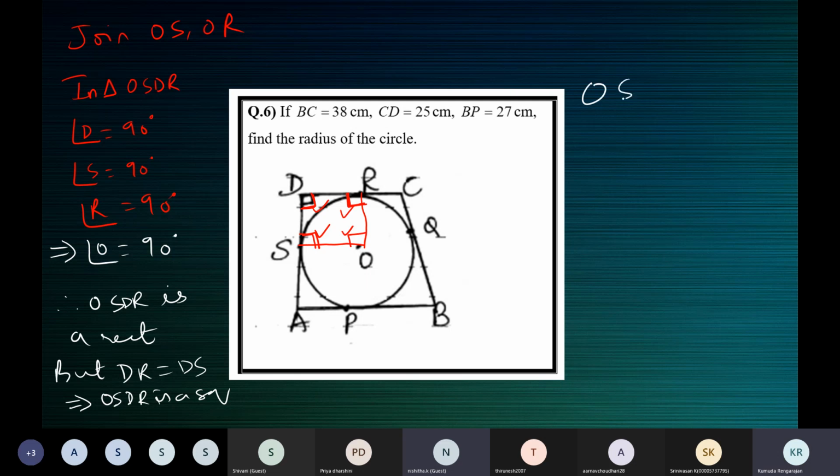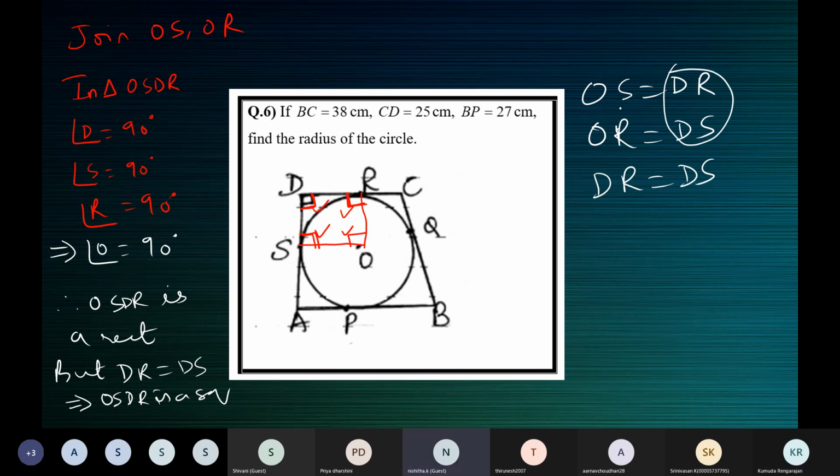These two are equal and these two are equal, and if these two become equal, that means all are equal. That's why it's a square. Now, children, tell me, how do we proceed?